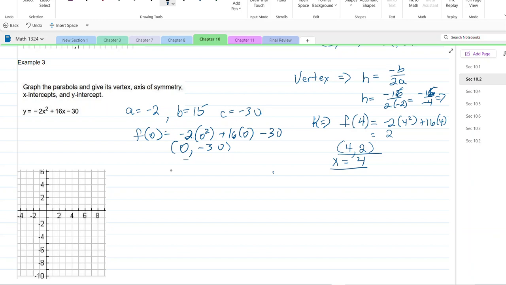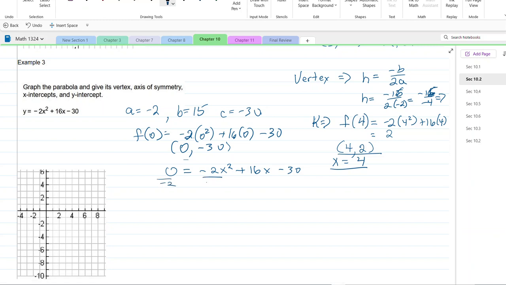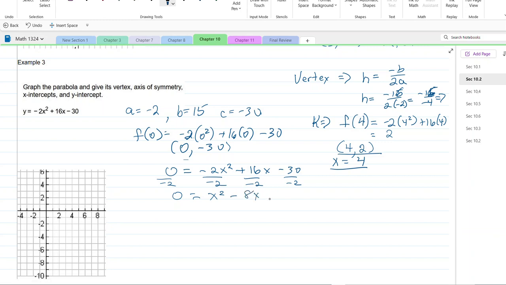All right. So I'm going to have 0 equals -2x squared plus 16x minus 30. Now remember, I do this for a living, so I'm going to first divide everything by a -2. That'll give me 0 equals x squared minus 8x plus 15.